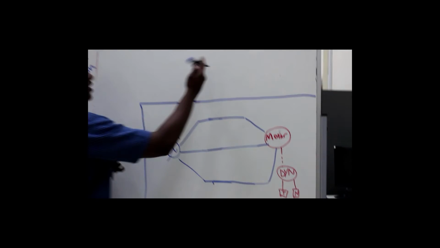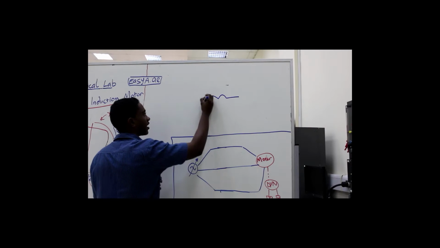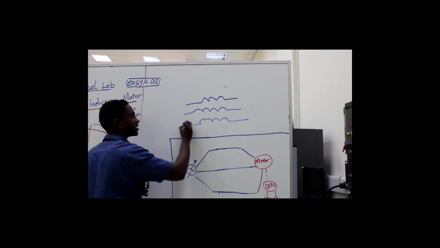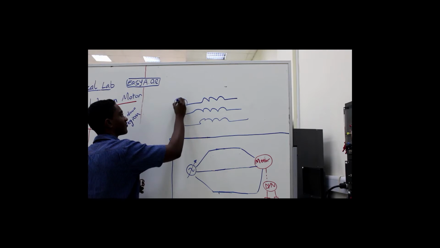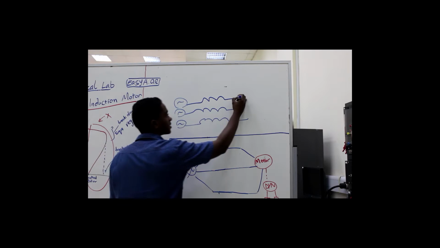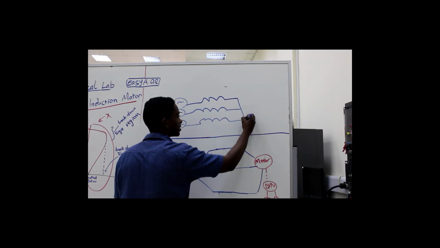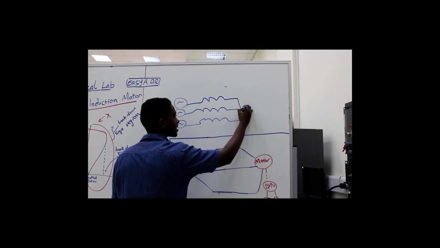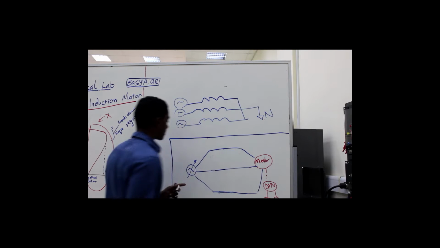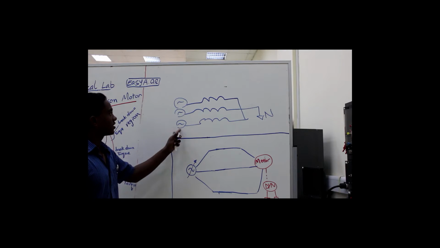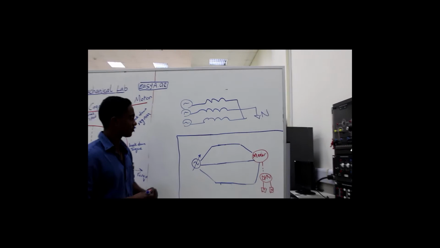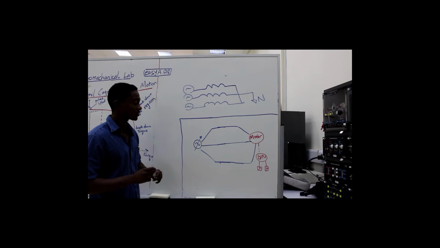We have three windings, a winding for each phase, and each of them is connected to a phase of the voltage, and we're going to short the other side and connect it to the neutral. Now here we want to measure phase voltage and line voltage and line current.